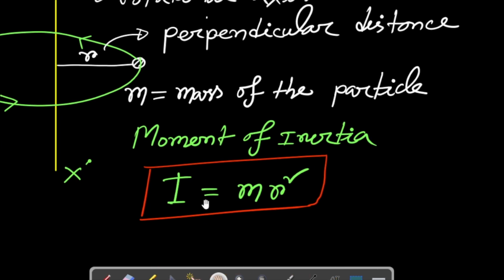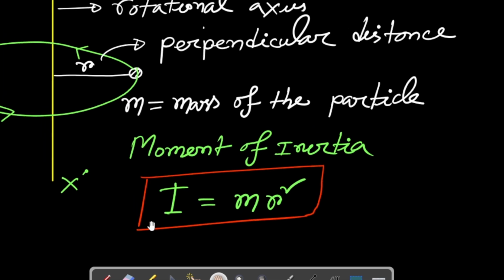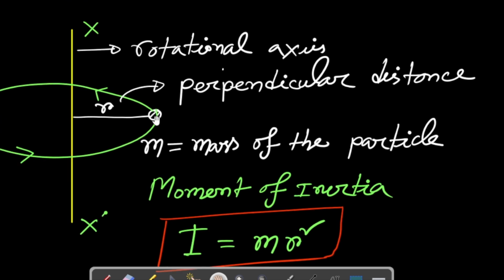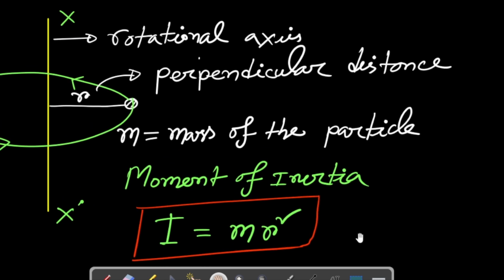My dear students, try to understand: according to the definition, the product of mass and the square of the perpendicular distance between the rotational axis and the point of the mass is called moment of inertia.